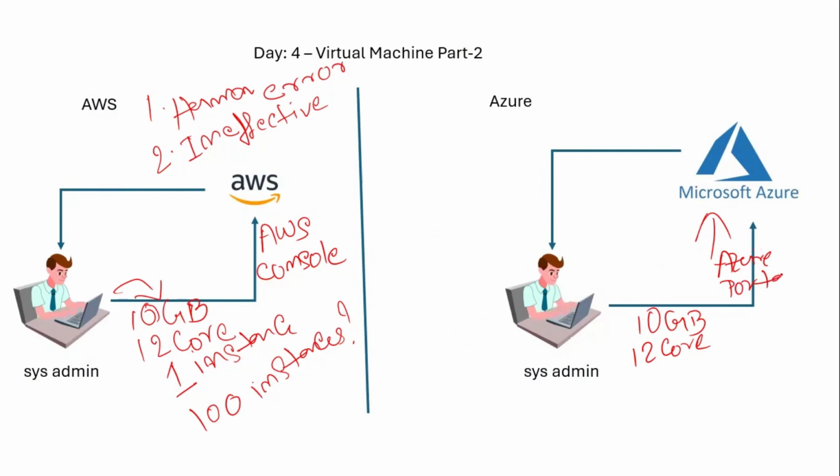And here again, the request gets created, and again you are going to get the IP address. But the problem remains the same. If this sysadmin has to create hundreds of virtual machines in Azure, then again it creates lots of problems because of the monotonous activity. So monotonous is not an option.